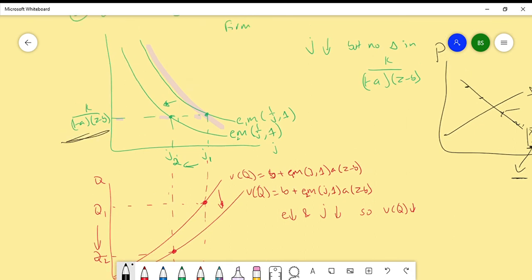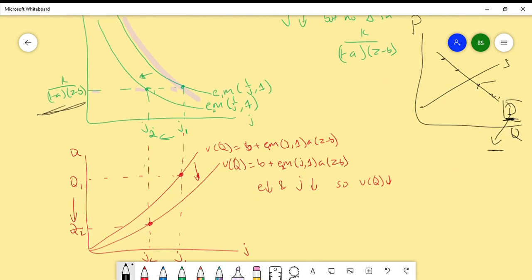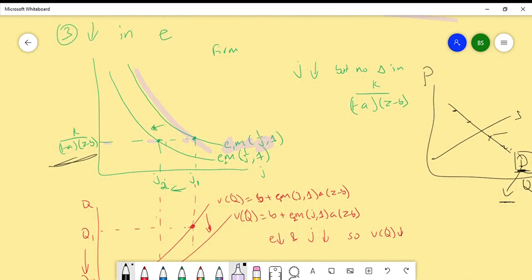But in this case, E changes, so the matching efficiency changes. Since the thing making up this function is actually changing, there will be a change in the function. It decreases, so we move the curve to the left. There are no changes in K, A, Z, B, so those stay constant. So it's basically a decrease in J.